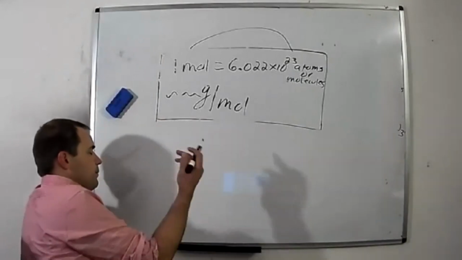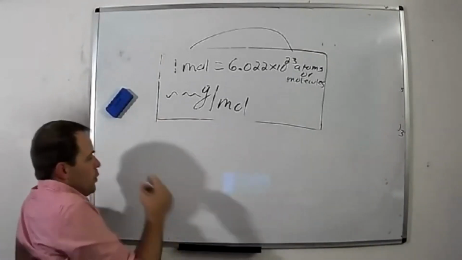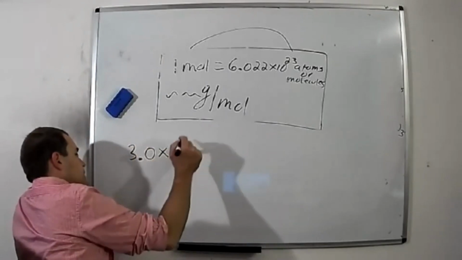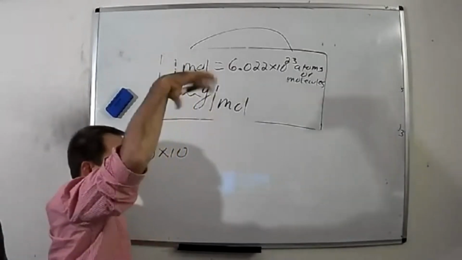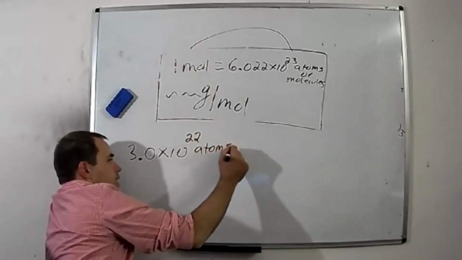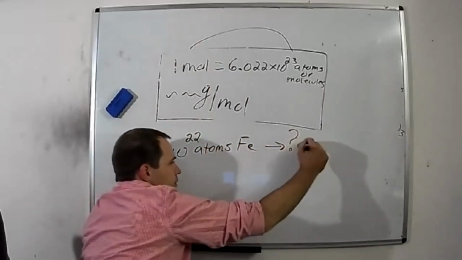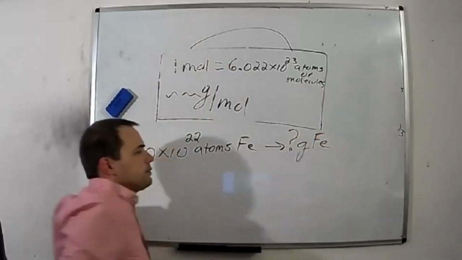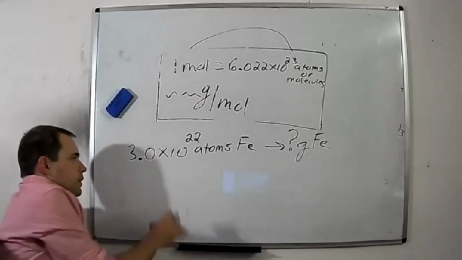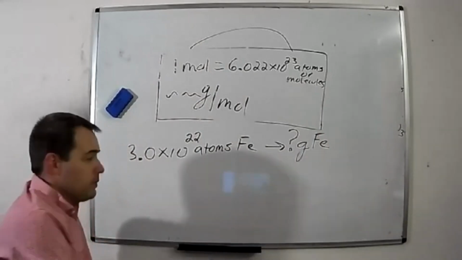Let's say you have an experiment that calls for 3.0 times 10 to the 22nd atoms of iron, and I want to know how many grams that is. So 3.0 times 10 to the 22nd atoms of iron, what would that weigh in grams?